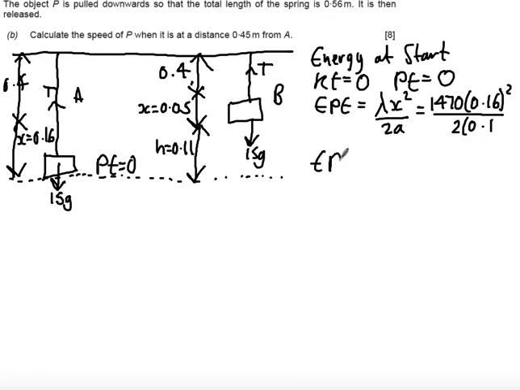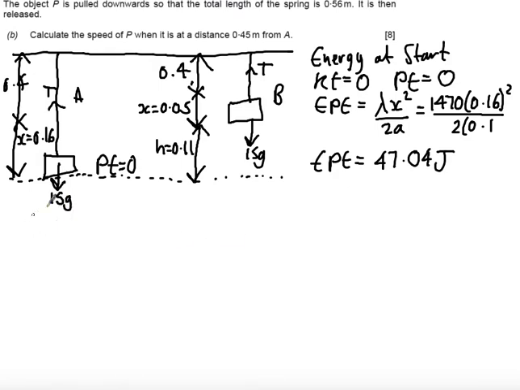And the elastic potential energy here comes out as 47.04 joules. So at the start of the scenario, the system has energy 47.04 joules.